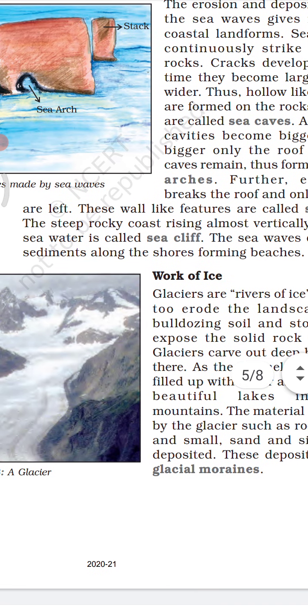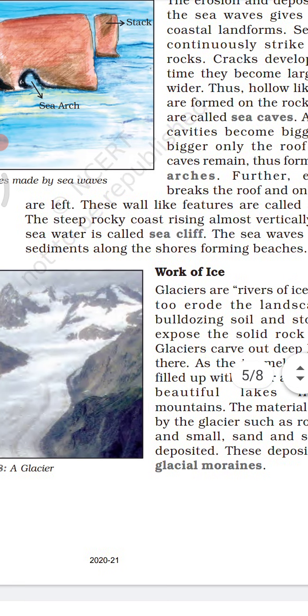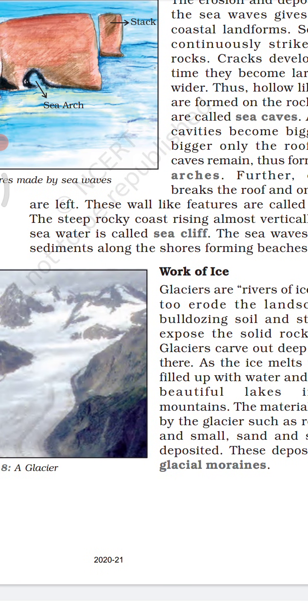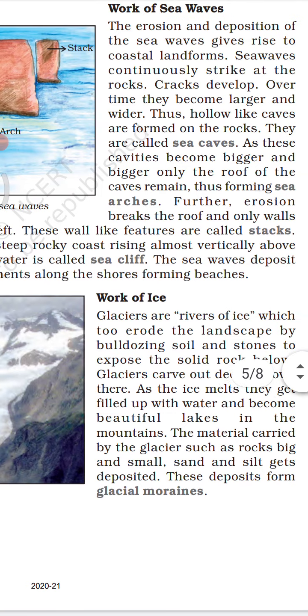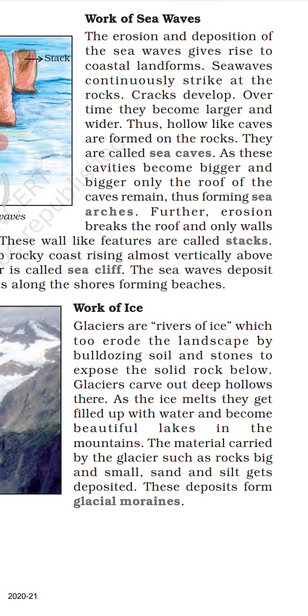It means when the sediments start piling up one over the other, then it starts rising vertically, and when it is a huge structure, this is called a sea cliff. The sea waves deposit sediments along the shores, forming beaches. About beaches, you know that in Mumbai and Goa, we hear about different beaches. These are formed by the movement of the sea water.